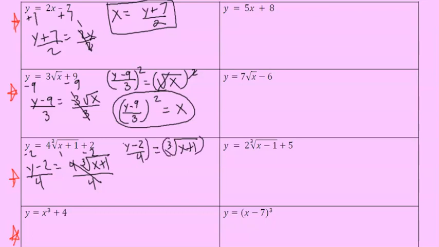To get rid of a cube root, we will cube each side. So exponentiate each side by 3. We have y minus 2 over 4 cubed equals x plus 1. Subtract 1 from each side. And then you have y minus 2 over 4 cubed minus 1 equals x.